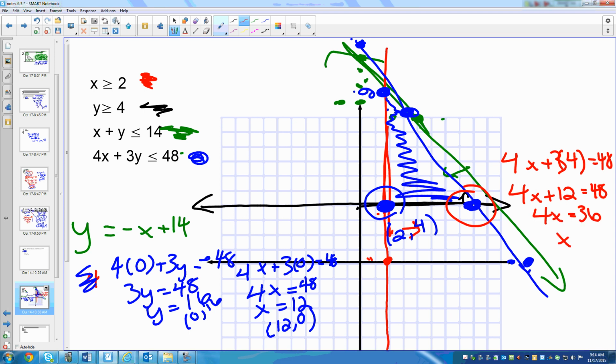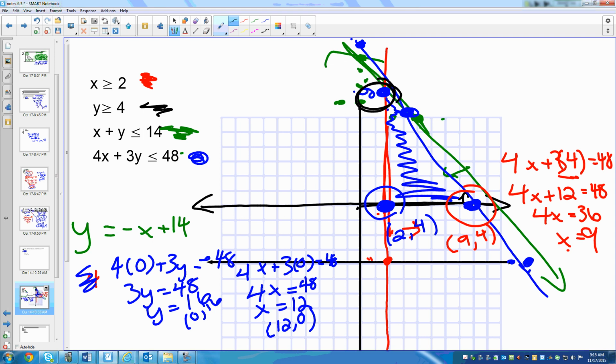So that point is x is equal to... 36 divided by 4 is 9. Good. You see how my graph looks like 8, but I don't use rulers? Your graph probably looks closer to 9 because you use a ruler. But the equation is telling us 9, right? So what is this point? 9 and 4, because the y value was 4 that we substituted in, and we solved for the x value of 9.